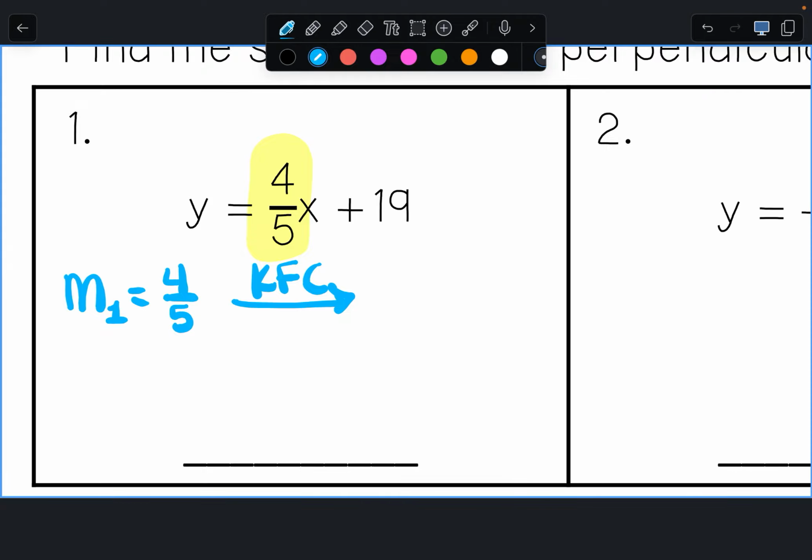If you flip it, it becomes 5 over 4. If you change the sign, it'll go from positive to negative. So the slope of a line perpendicular to it will be negative 5 over 4.